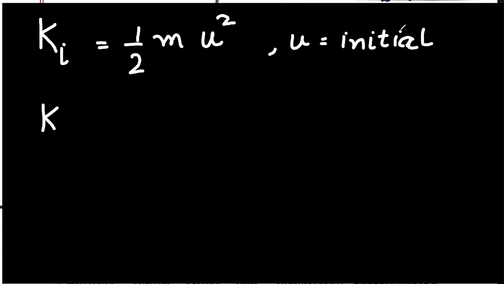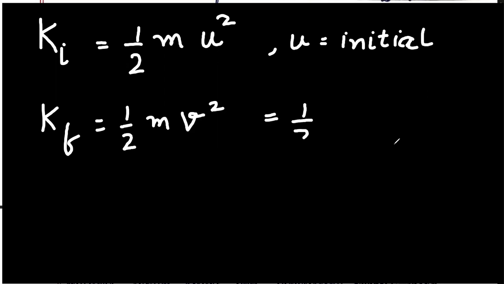So final kinetic energy. Final kinetic energy is half mv square. V is final velocity. And they are saying that this velocity is half of the original velocity. They are saying velocity is halved.